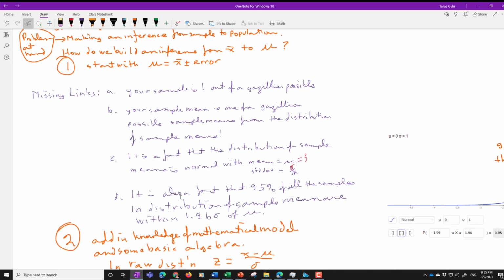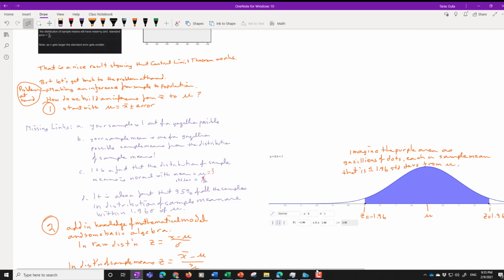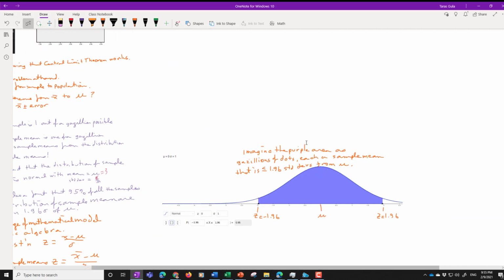Now, that is important. The next piece that's really important that I talked about, but it was kind of a little bit disconnected, is that it's also a fact that 95%, so in this distribution, think of this thing here as the distribution of sample means. So the purple area is the gazillion sample means. Each dot, right?